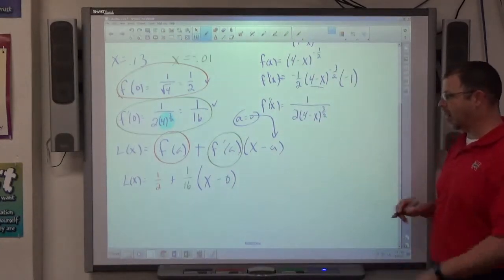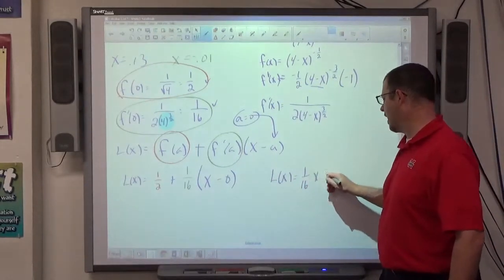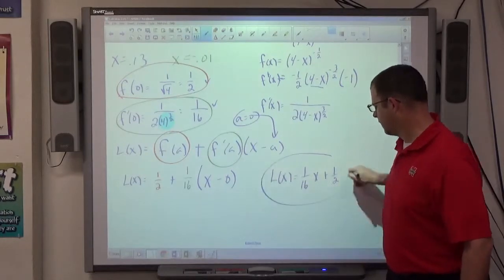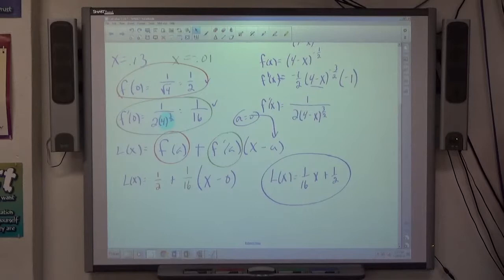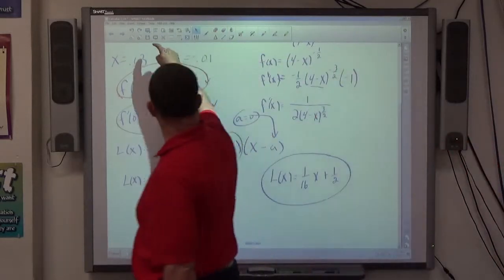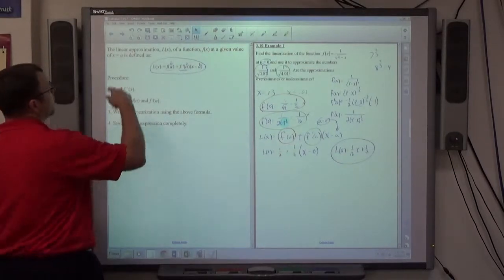And if I beautify that up, it just becomes L of x equals 1/16 x plus 1/2. Step 4 was simplify. Simplify the expression.